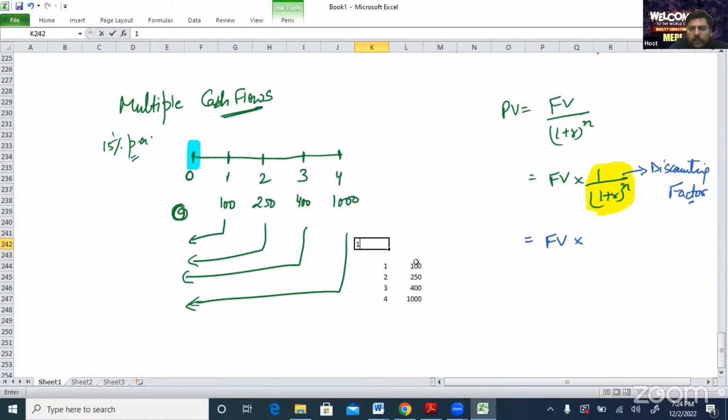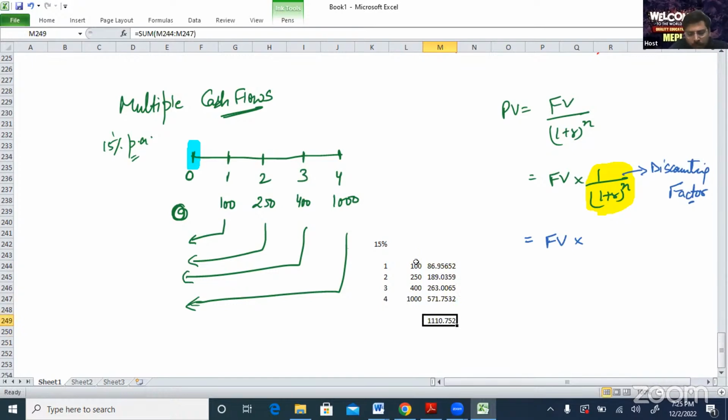The rate of return is 15%. So I do equals this divided by 1 plus 15%, I freeze it, raised to the power. I can copy and paste. So this is the present value of all the individual cash flows.